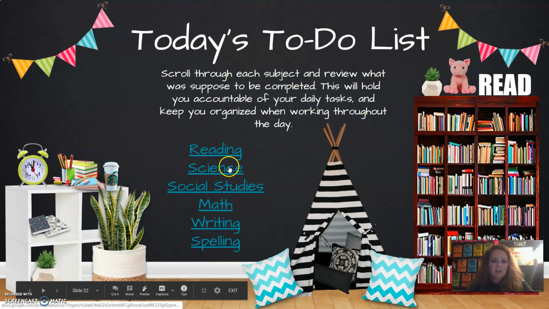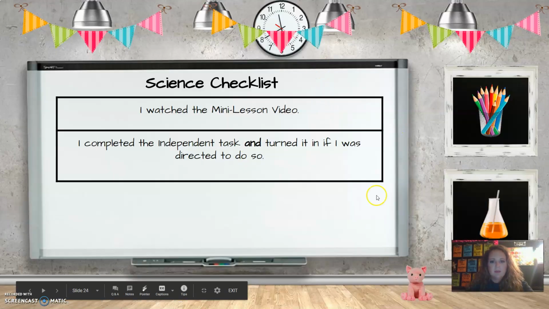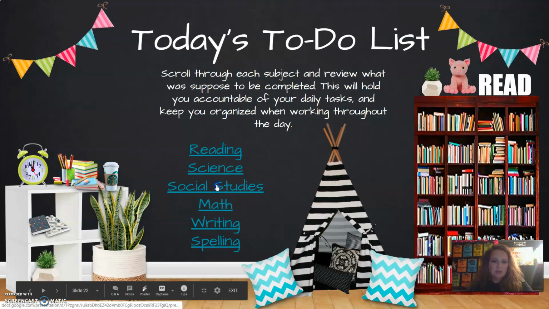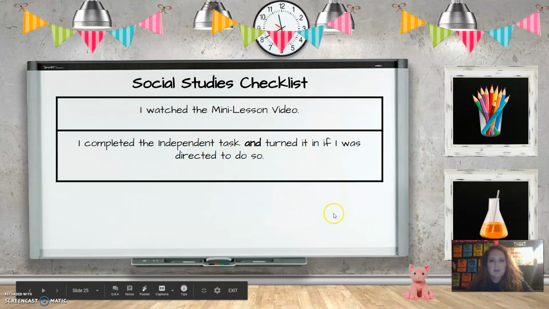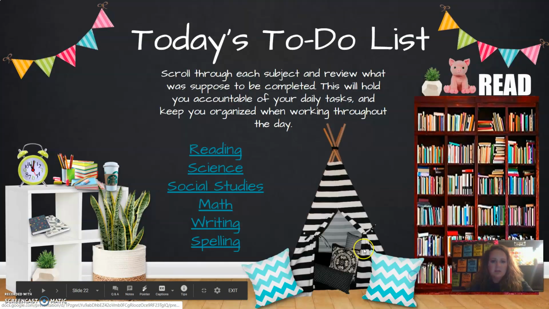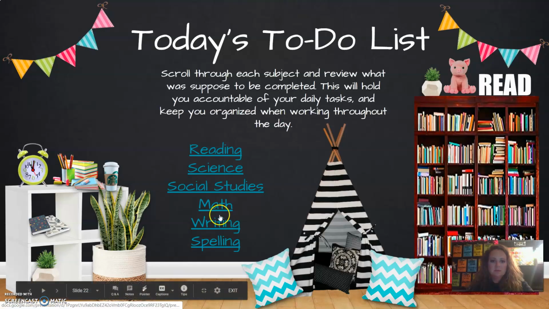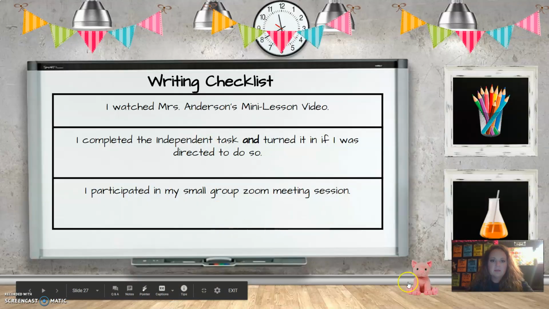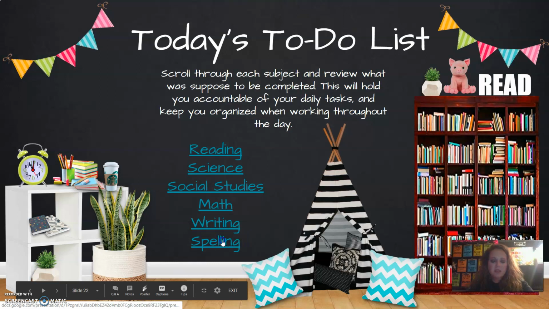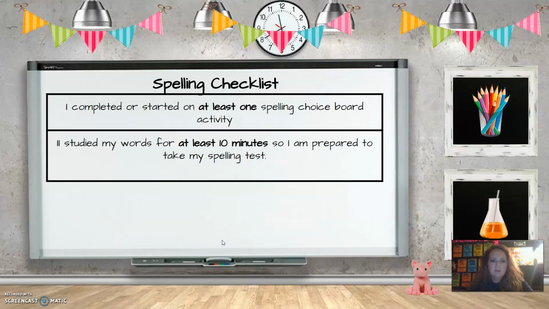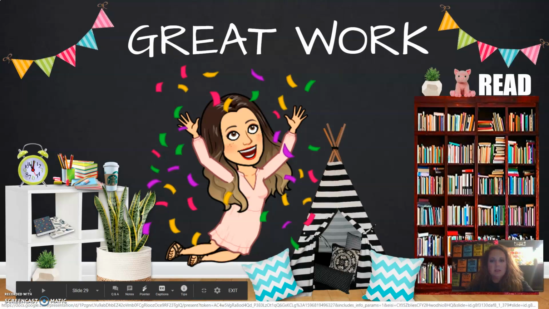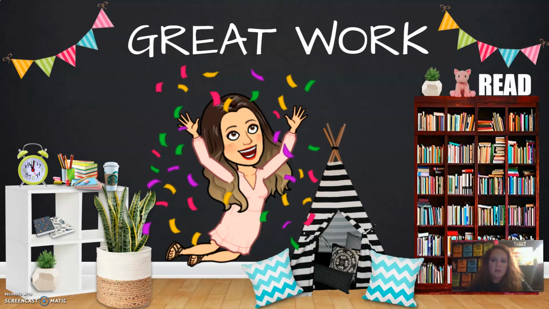When they click the pig, go to the next subject, it's the same thing. And these are going to change too depending on what I'm asking them to do for each subject. And then the same thing for social studies, same thing for math, same thing for writing, just the checklist, and then for spelling. And when they click the pig, this will show up, and this will let them know that they have completed everything for that assignment.